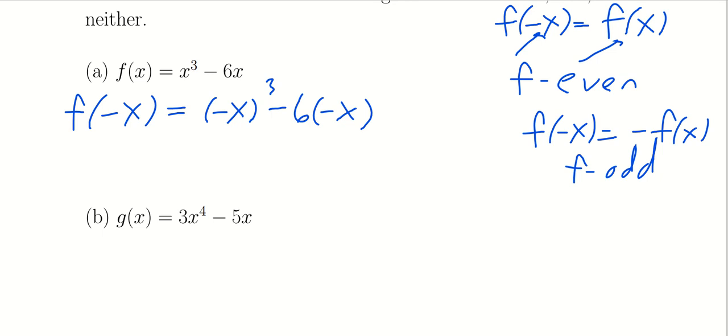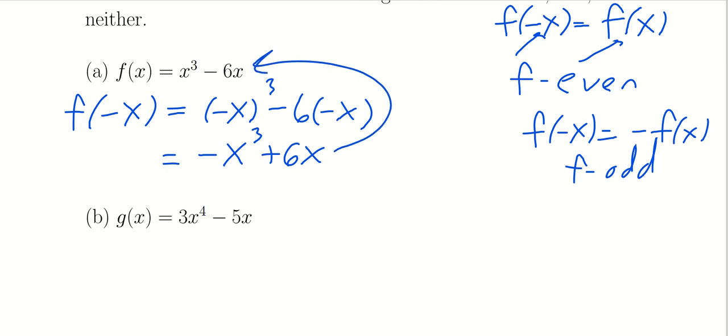Okay. So we plugged in negative x for x. We now want to simplify this. This is going to be a negative x cubed plus 6x. And now once you simplify it, you immediately check, is this the same thing that we started with? The answer is no. This is not equal to f of x. So one thing we would know is that the function is not going to be even.